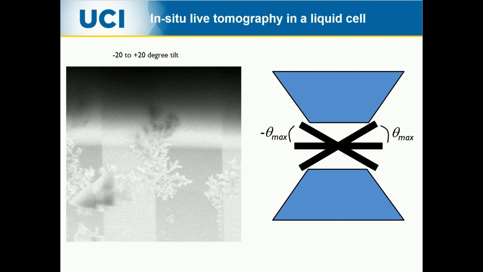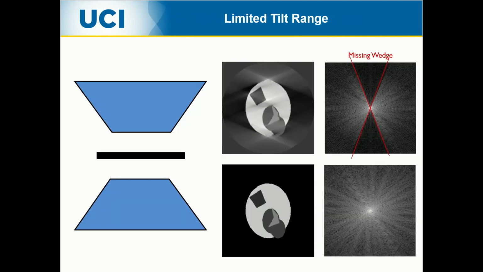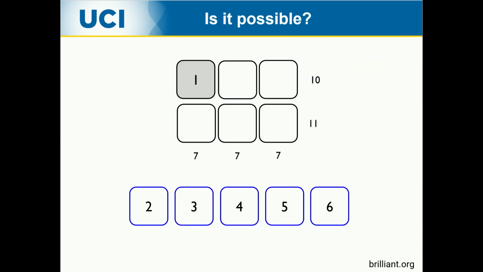So for the experts here who are in tomography, it's really this missing wedge of information that's preventing me from actually doing this, because it's going to give me an awful reconstruction that has all the elongation effect and all these tails, all the ghost artifacts. Right, so how can I actually bypass this?